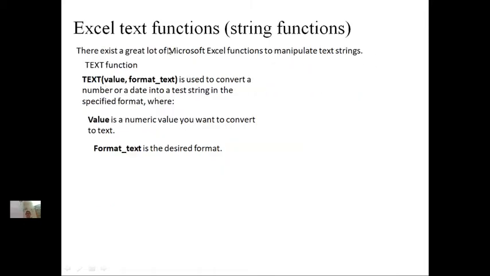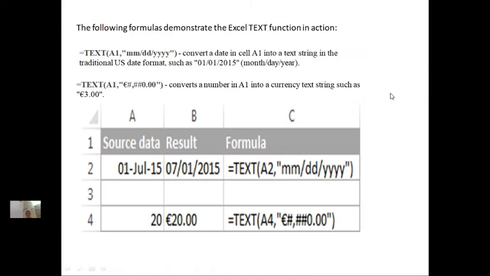Now here we have the Excel TEXT function, a string function. It is displaying the syntax of the TEXT function and its uses. TEXT(value, format_text) is used to convert a number or a date into a text string in the specified format. Okay. Now let us go to the next slide.